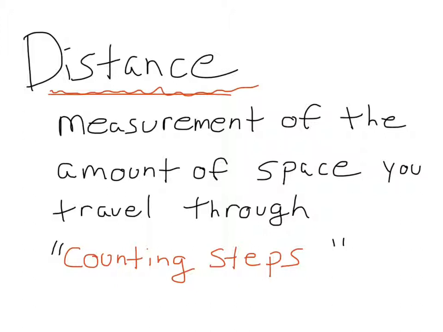In physics, though, we're not going to be counting steps. Usually what we're going to be doing is we're going to be counting meters. Okay, so meters are the units for distance. It's important to know what the units are.